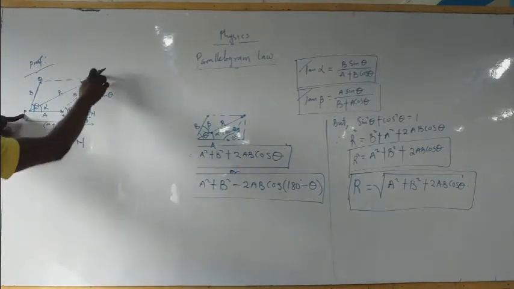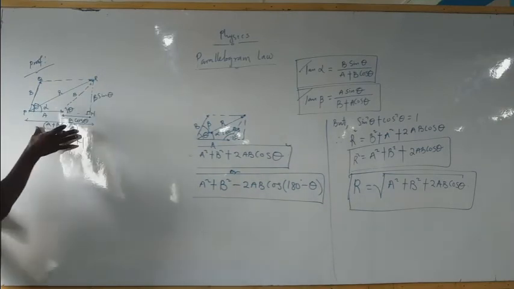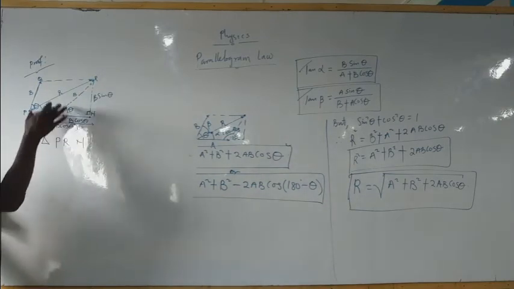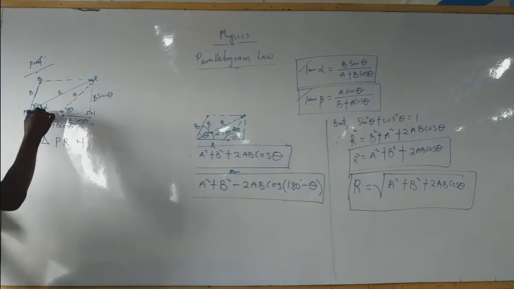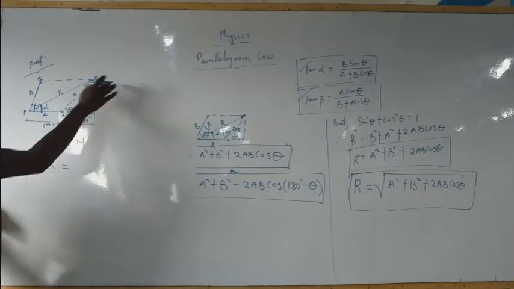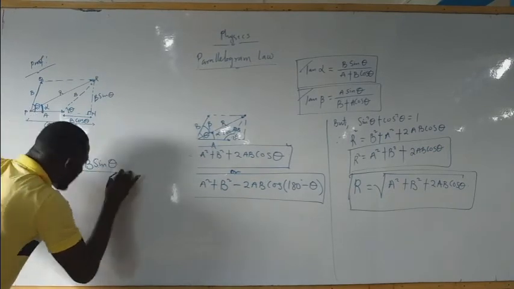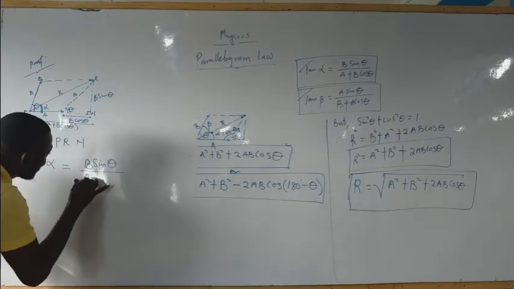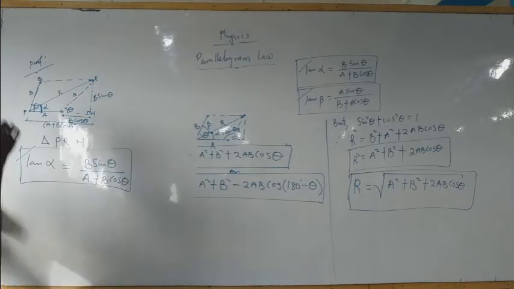Considering triangle PRN now, tan alpha is opposite over adjacent. So tan alpha equals opposite, that is B sine theta, over adjacent, which is A plus B cos theta. That's the formula.